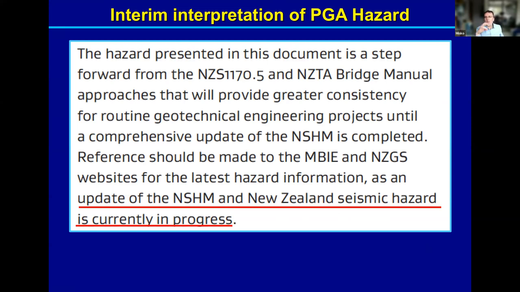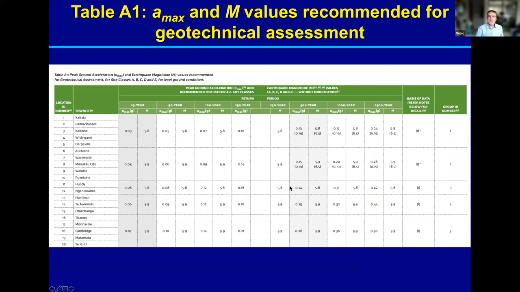So that means that this is really filling the gap until that new updated hazard is going to be published. So this is the summary table at the end, in which we have listed all the regions. And now we are providing pairs of peak ground acceleration, MX, and earthquake magnitude for different return periods, covering the whole country in this fashion.